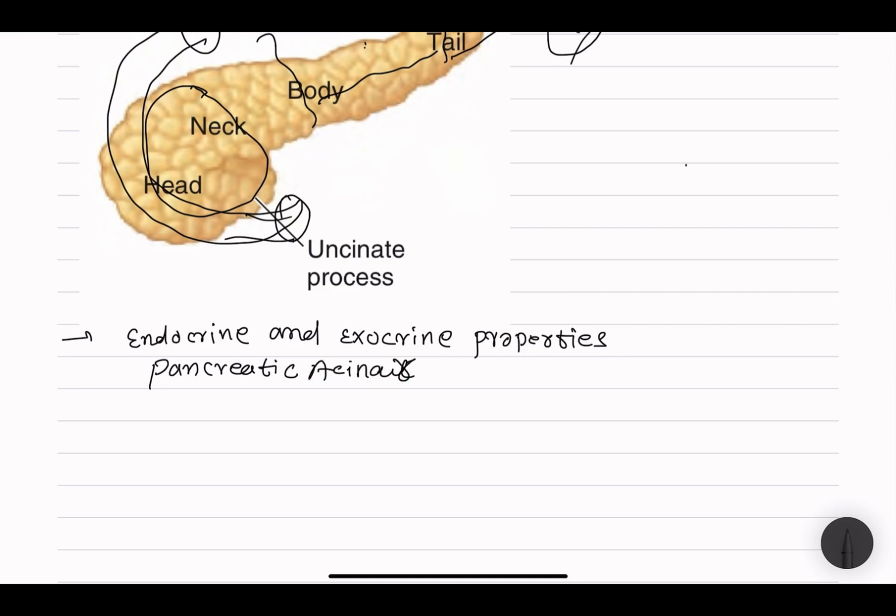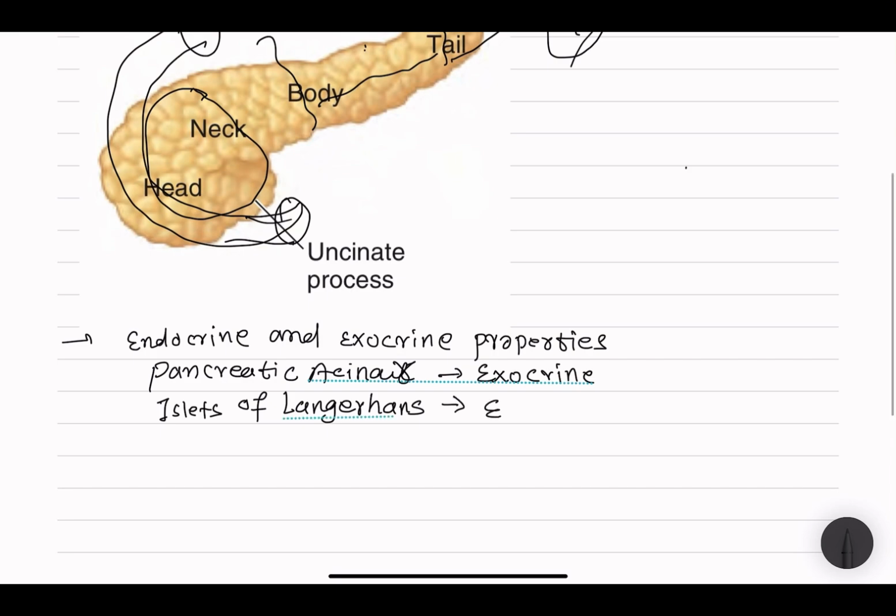So the pancreatic acini are exocrine, and the islets of Langerhans are the endocrine part.